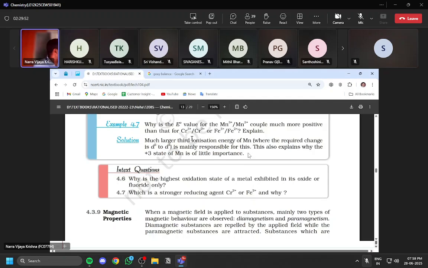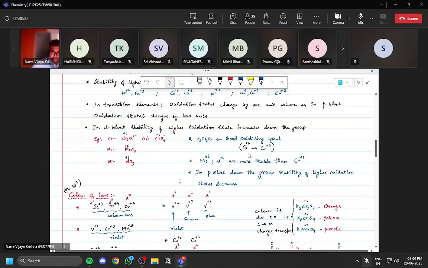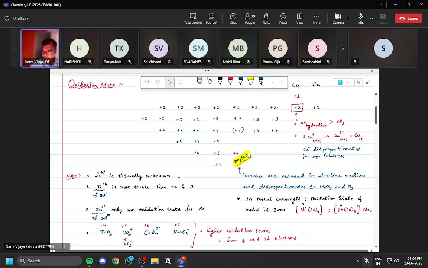Much larger third ionization energy of manganese is mainly responsible for this. This also explains why the +3 state of manganese is off. That's why manganese +3, they are not bothered, right? Why are the E0 values of Mn3+ to Mn2+ much more positive than chromium +3 to chromium +2 or Fe+3 to Fe+2?